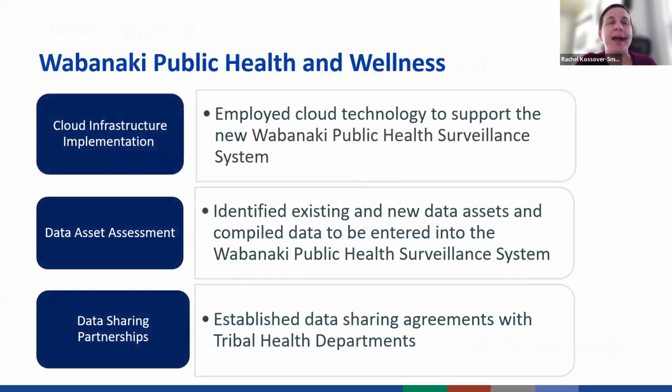I do want to share some examples of successes and innovation that have happened with some of these funds. Wabanaki Public Health and Wellness was one of the recipients under the umbrella. They were able to do some implementation of cloud infrastructure, as well as to identify their data assets and enhance their data sharing partnerships.